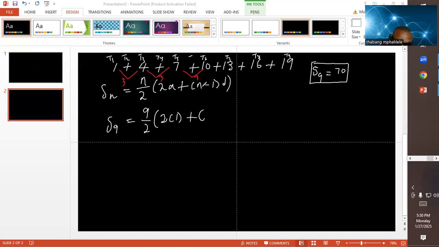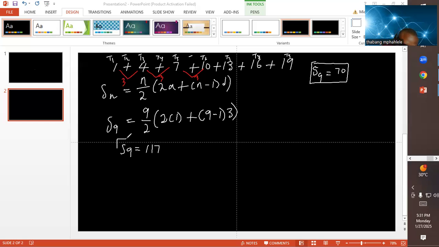Then n is 9, and the common difference is 3. So for the sum of 9 terms, just press your calculator. Which is 117.